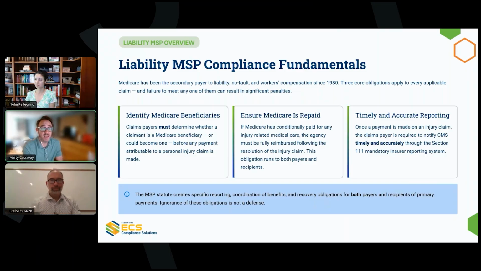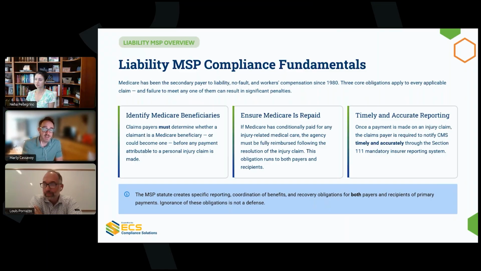So you got to determine, hey, am I paying a Medicare beneficiary, yes or no? Now, that might be not possible in every single liability case, right? We know this. So there's some framework where Medicare sort of gives you a get out of jail free card. Maybe it's not that free, but we'll get into that later on.